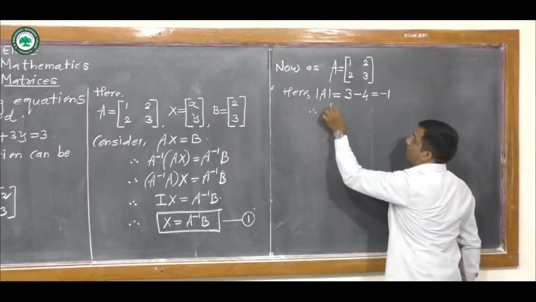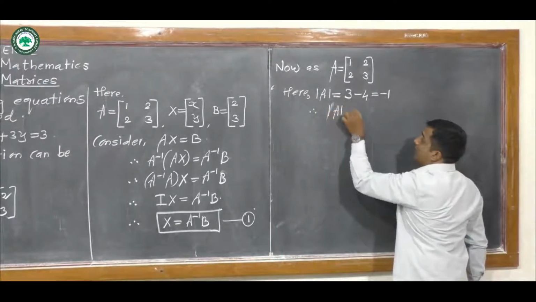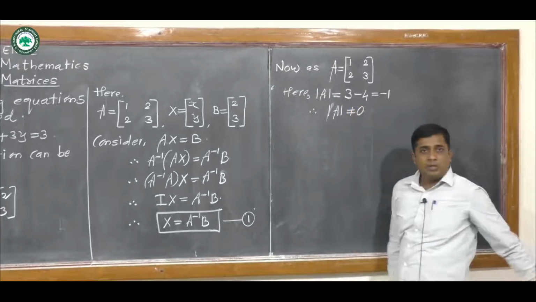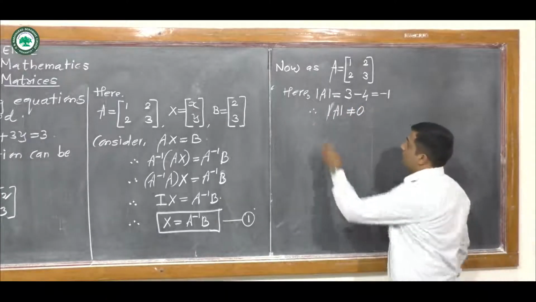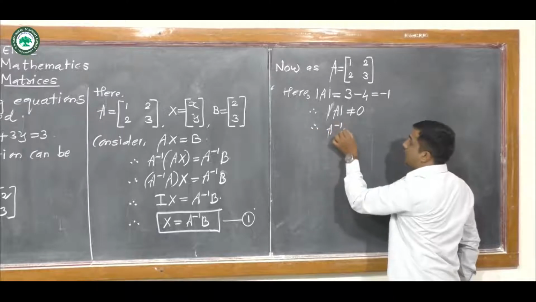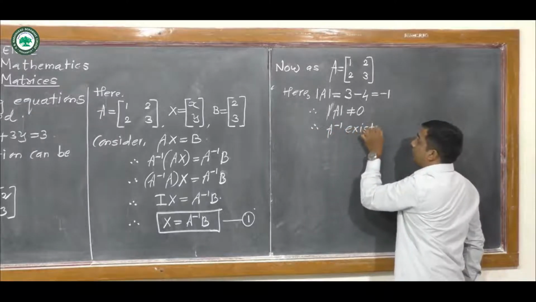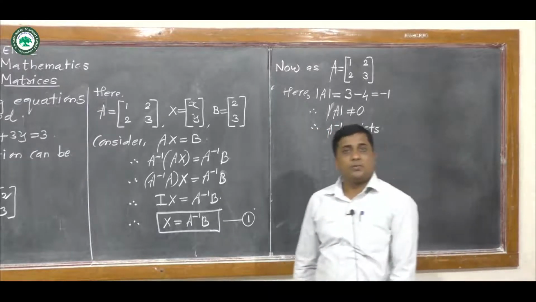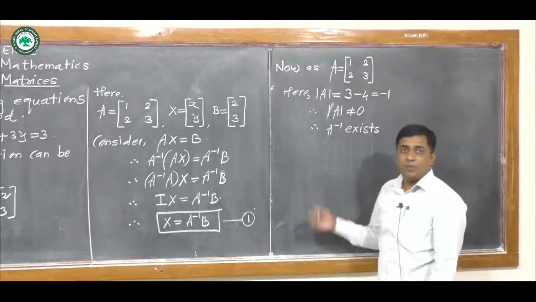Here we get determinant of A is not equal to 0. If determinant of A is not equal to 0, we say A inverse exists. Okay, let's find A inverse.